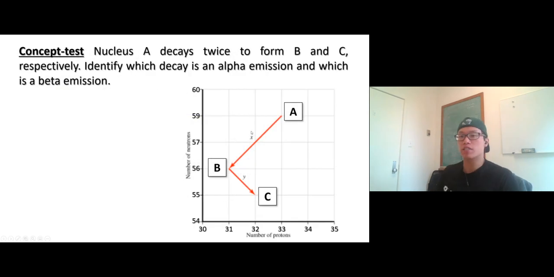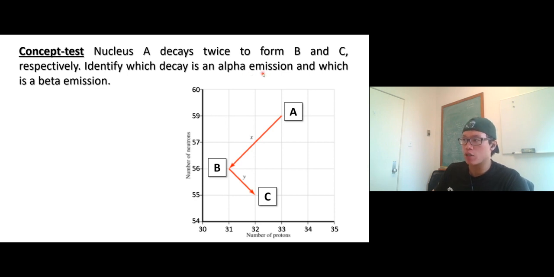All right, one question. You have to think a little here. We start with nucleus A, so this is a nucleus, no electron in here. It decays twice to form B and C, respectively. Identify which decay is an alpha emission and which is a beta emission. Start with the alpha particle.